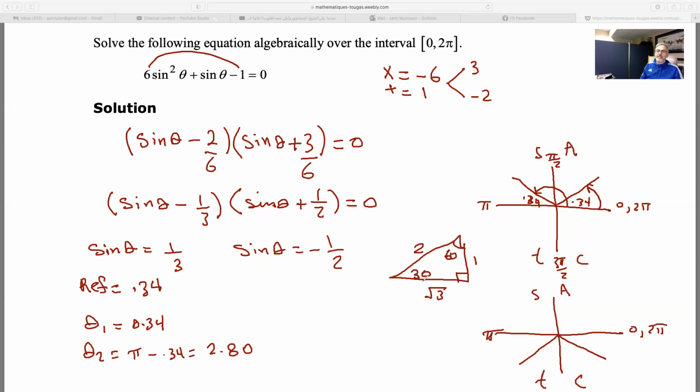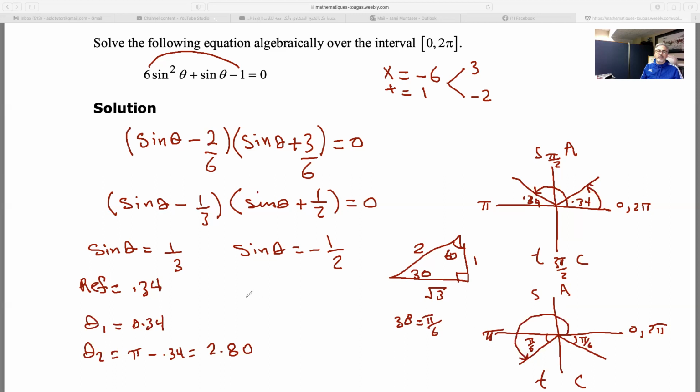And the angle that has a sine of a half is the 30 degrees, because sine 30 is 1/2, but we want it in radians, and 30 degrees is the same as pi over 6. And therefore this is pi over 6, the reference angle right here. And the reference angle here is the same, pi over 6, but we're interested in this angle first.